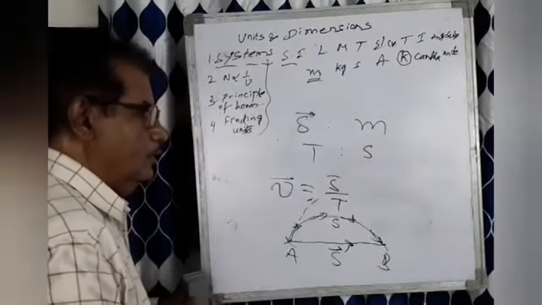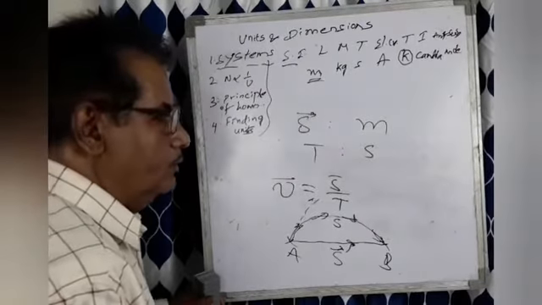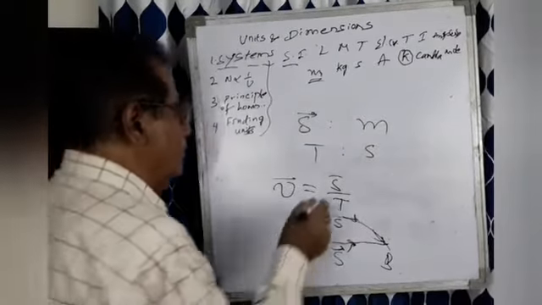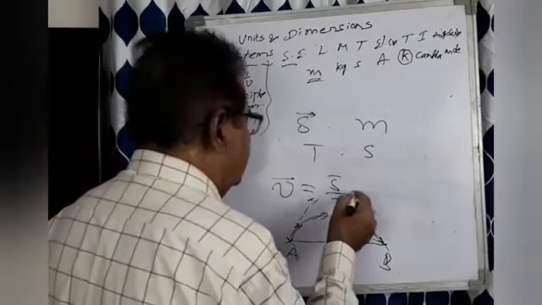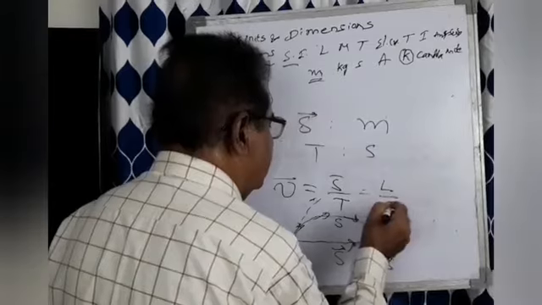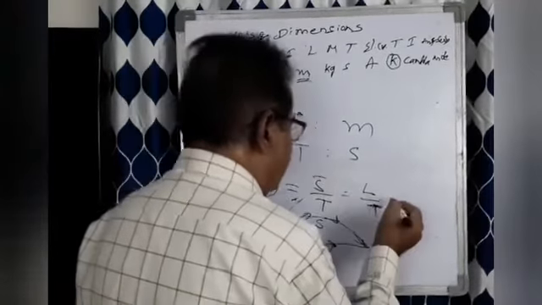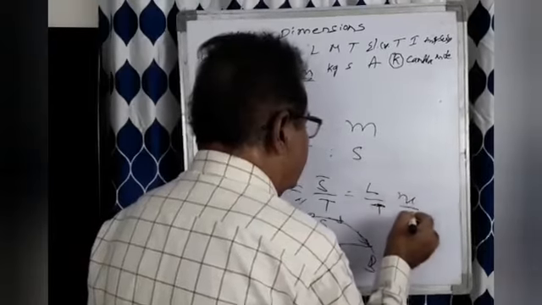Where what is said in kinematics? Velocity is nothing but rate of displacement. Displacement means that is s bar by t. So s is L length, t is also time t. So I can write this L by t, meaning meter per second.